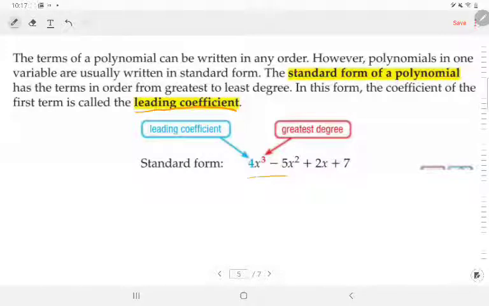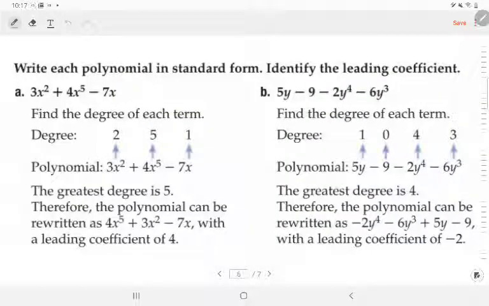So once you get it here in standard form, it means your greatest degree, so in this case the exponent of 3, then it goes 2, then 1, then no variable. Okay? A constant. The coefficient here at the very beginning, that is our leading coefficient. Okay? All right.